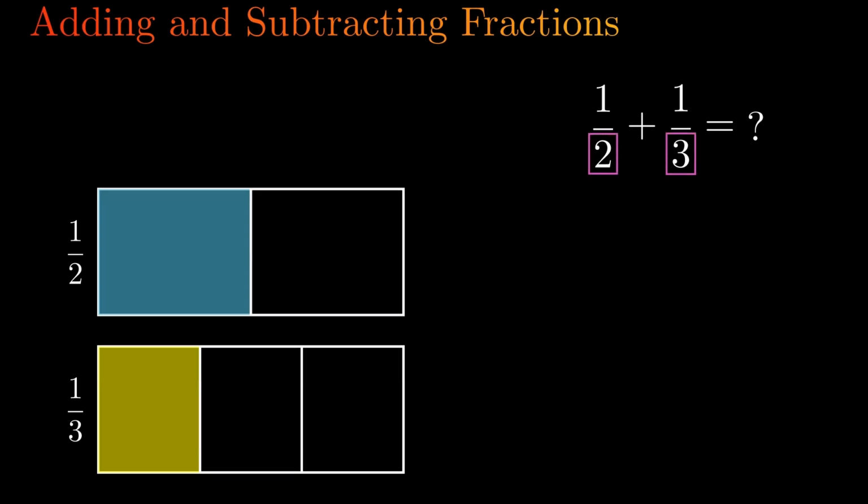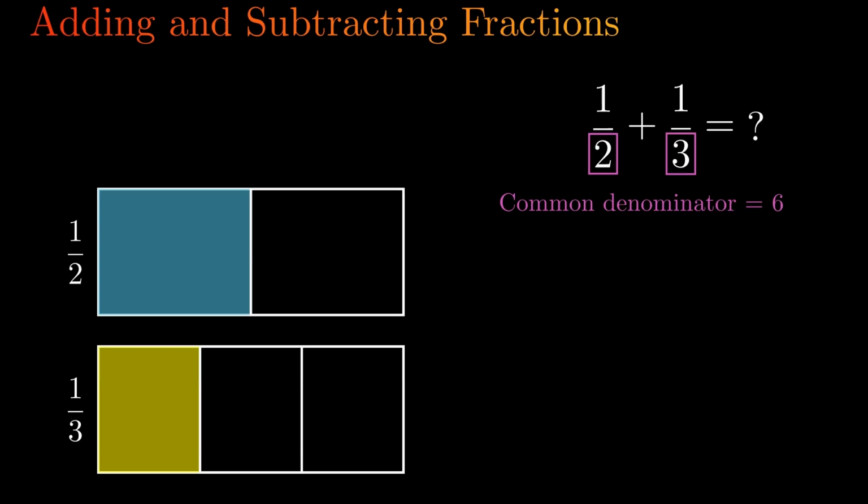We need a common denominator. For 2 and 3, the smallest number they both fit into is 6. So we need to re-slice the pie. We're going to transform the 1/2 into 3/6 and the 1/3 into 2/6.